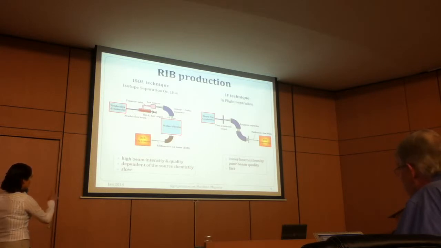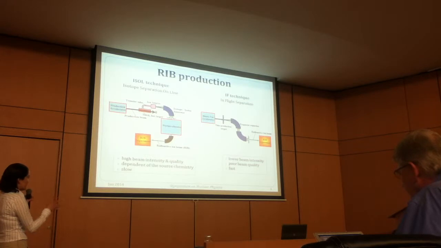So you basically have a very energetic light projectile, neutrons, protons, or alphas, that induce fission in a uranium target, for example.